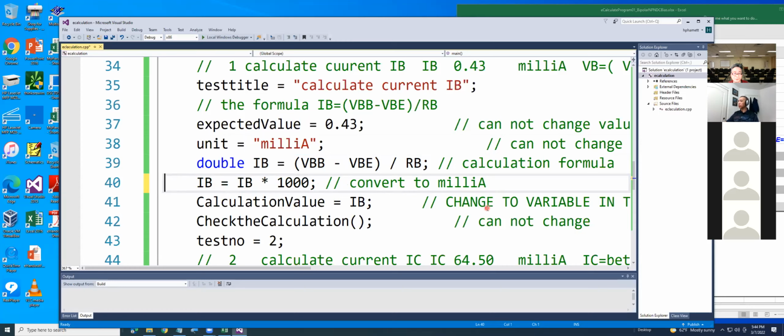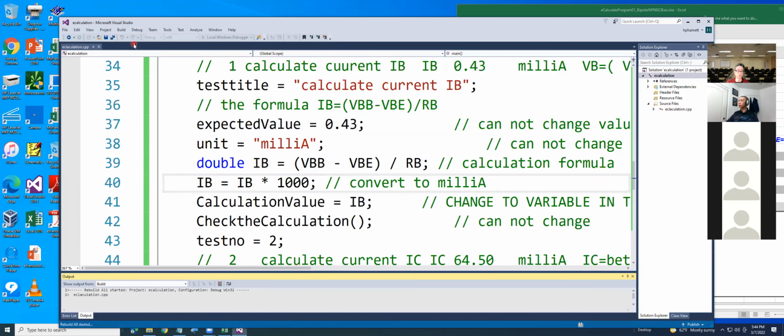Okay? And after you're done, you have to compile again. View, compile. When we change the program, it must be compiled, so it is converted to binary.